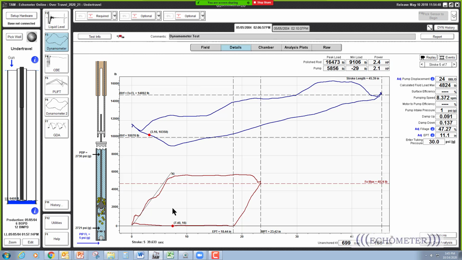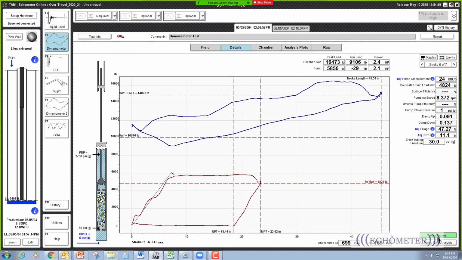So we're losing surface stroke due to tubing movement and unanchored tubing, and due to rod stretch picking up the fluid load, and maybe a little bit of stretch due to mechanical friction, and plus we're getting back some due to pumping faster than 0 strokes per minute.